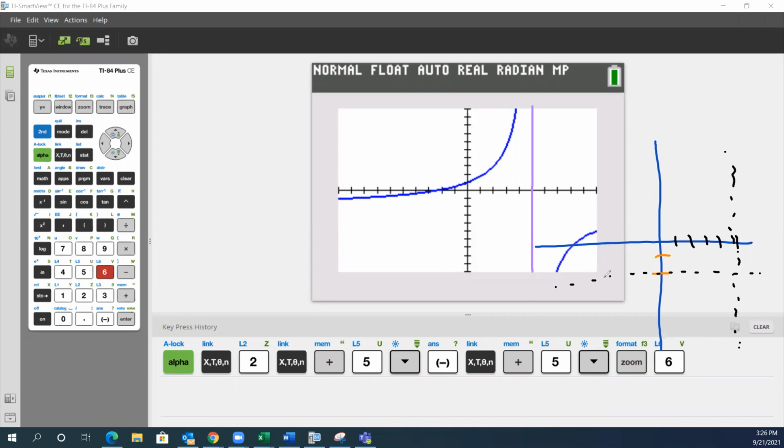Does that look like it could be the vertical asymptote? Sure. And we've got a horizontal asymptote of y equals -2. Does it look like that could work? Yeah, you bet.